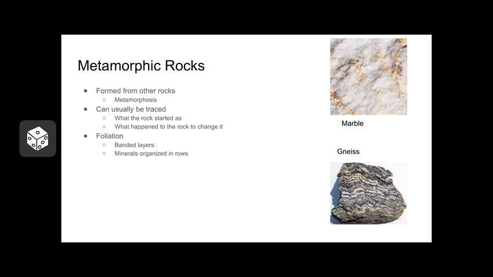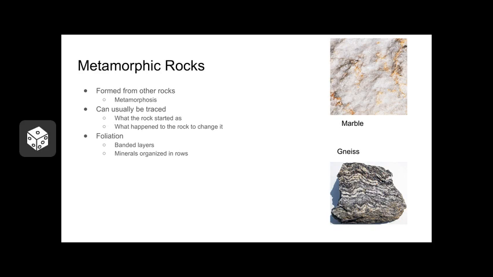One signature of metamorphic rocks is that oftentimes the high temperature and pressure can cause foliations or bands to form in the rocks. This happens because under high consistent pressure and temperature, minerals will tend to organize themselves in rows.